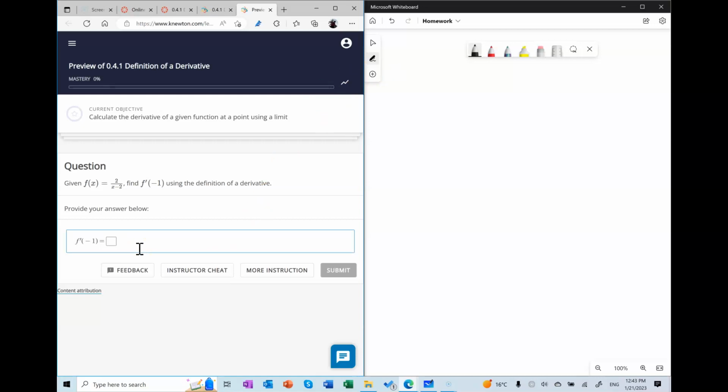First it says using the definition of a derivative, and let me write out two definitions of a derivative. One says that the derivative of a function at a point is the limit as x approaches a of f of x minus f of a over x minus a.